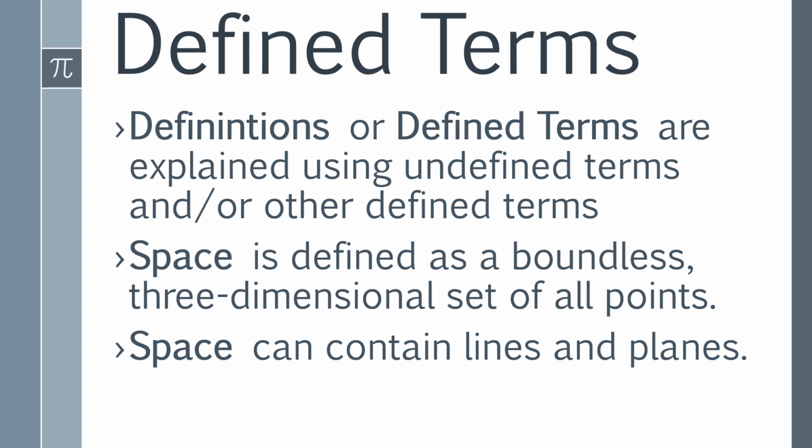And basically what space is, it's a boundless three-dimensional set of all points. So we are using the undefined term of points to define what space is. Okay, so it's boundless, there's no end, which means it's infinite, it's three-dimensional, and it's full of points.